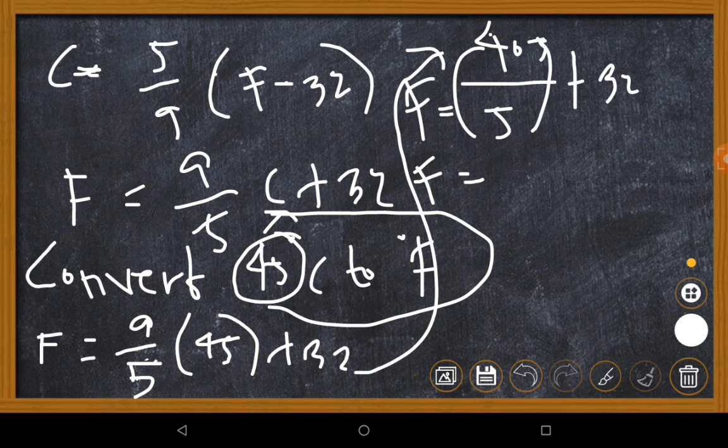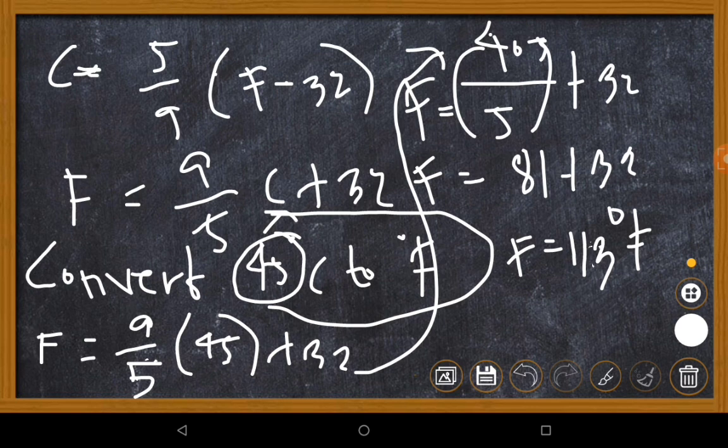So what's next is division. We will first divide 405 by 5, which is equal to 81, plus 32. So Fahrenheit is equal to 81 plus 32, which is 113 degrees Fahrenheit.